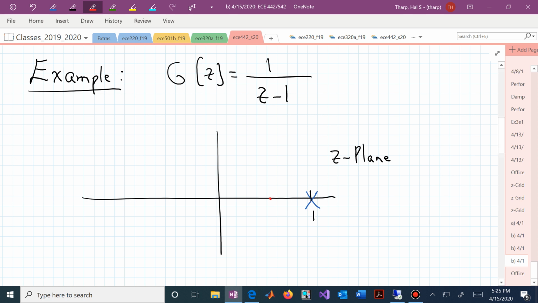Any point here satisfies that angle condition, because the angle is measured from the positive real line moving off to the right from that pole, and the angle to get us to any of those points is 180 degrees. So we now know that this is all there is to the root locus diagram for that particular system.